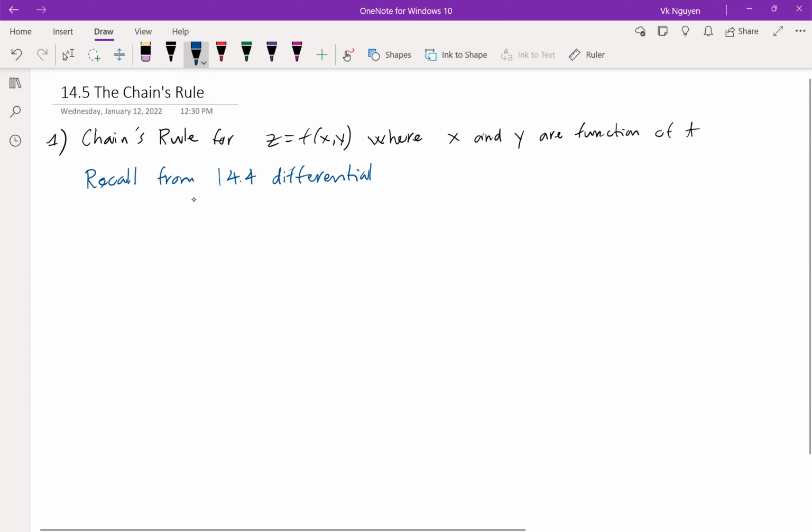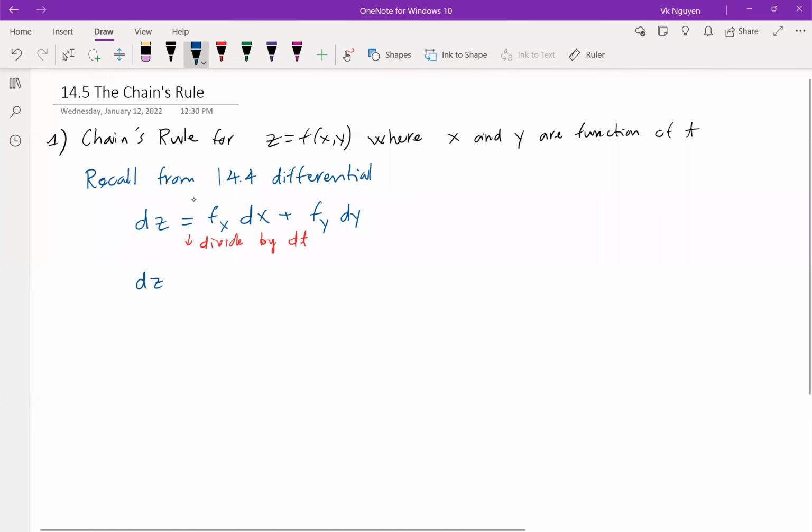Okay, we know that dz is equal to fx dx plus fy dy. Now we're just going to do a little trick: we're going to divide everything by dt.